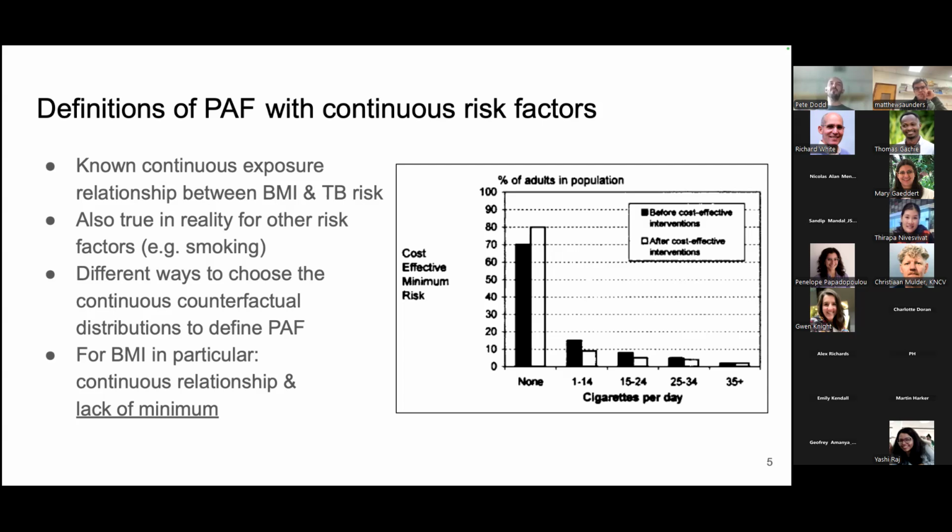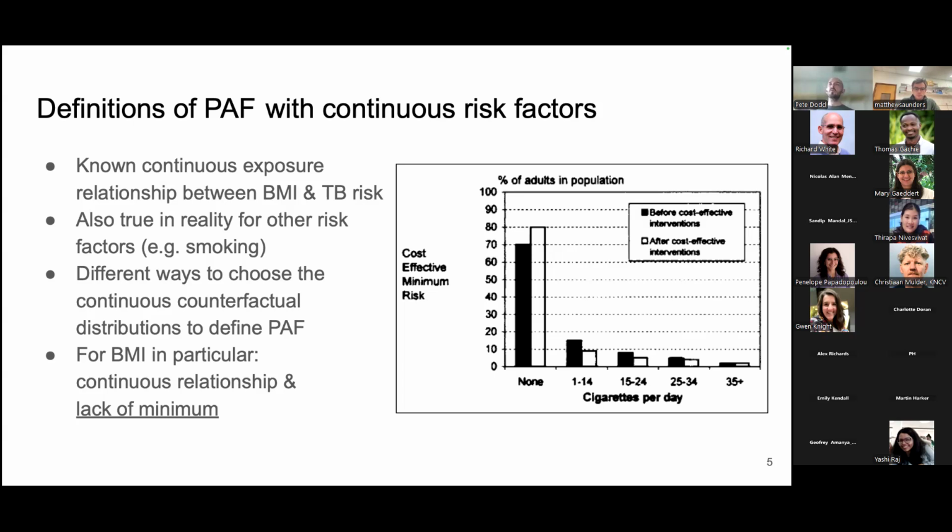Now, in fact, the more you think about this, the more you start to realize that many things that you think about as being binary risk factors are actually continuous risk factors in reality. So it may be convenient to chop them up, but many of them function in a continuous way. So smoking is an example where, in fact, it's not just yes or no, but actually how much do you smoke, and maybe air pollution is even more continuous than smoking.